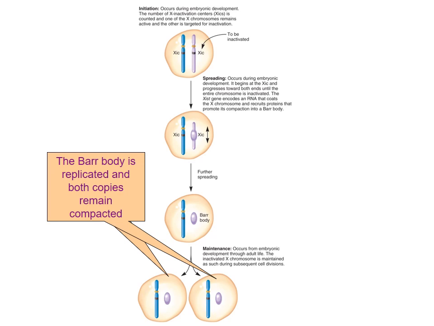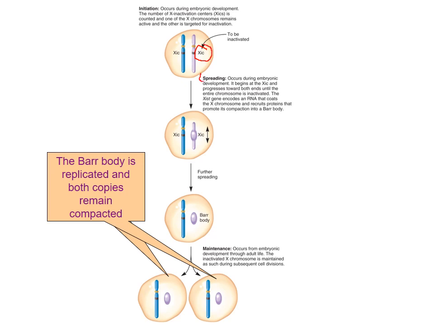So on this step right here, we can see the initiation, and the initiation, as I mentioned to you before, is going to happen very early on in embryonic development. At random, one of the X's will be picked in all our somatic cells. Once the X is picked, you're going to see the activation of the XIC region and the expression of your X inactivation specific transcript gene.